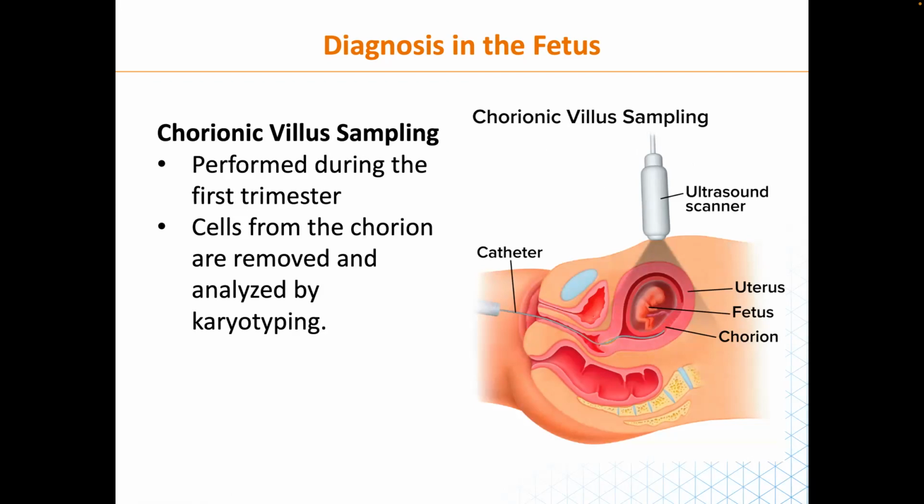Do you know what a karyotype is? A karyotype is a picture that has all of the chromosomes of an individual. When you do karyotyping, you take a sample, then you have a chromosomal image of the baby to check if there is a problem in the chromosomes or not. If everything is complete, then there is no problem.